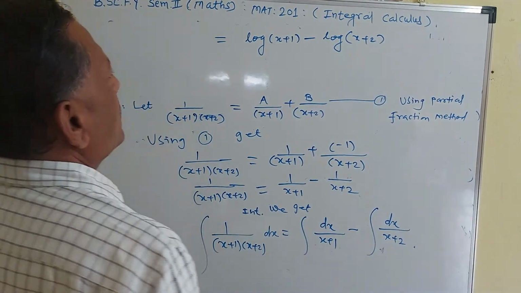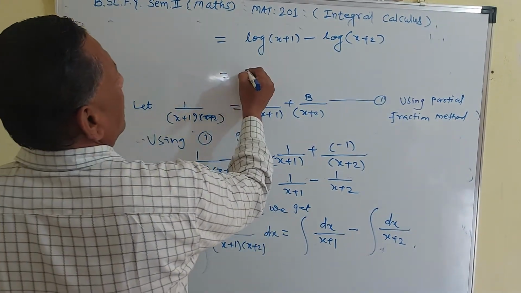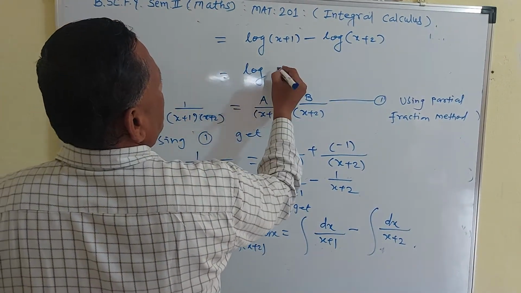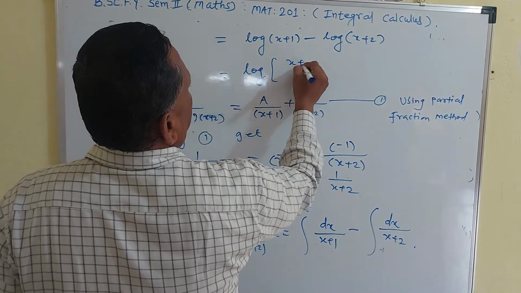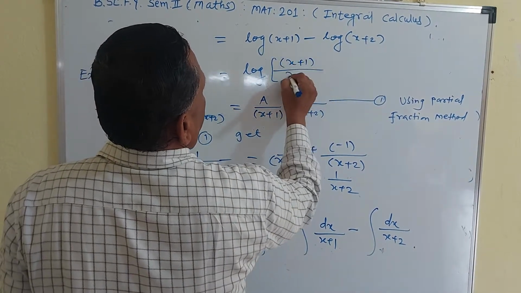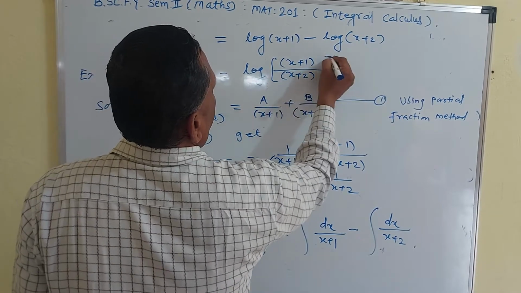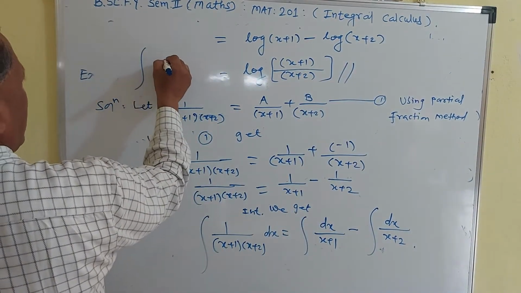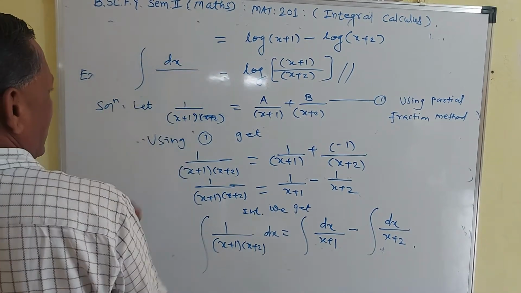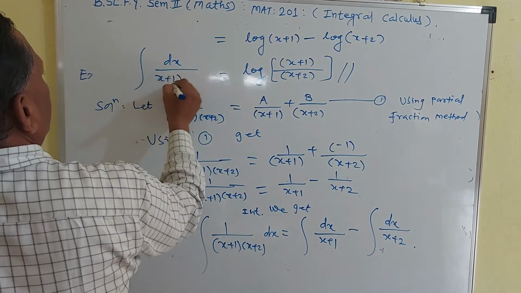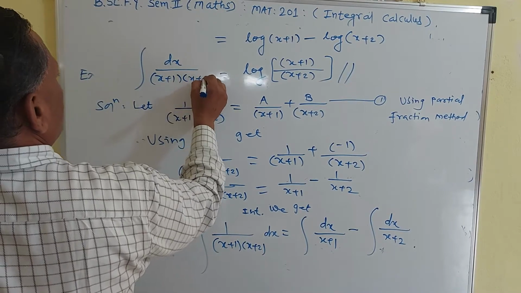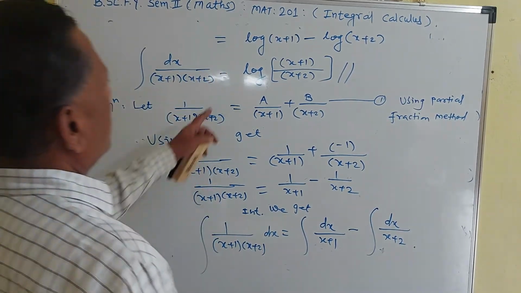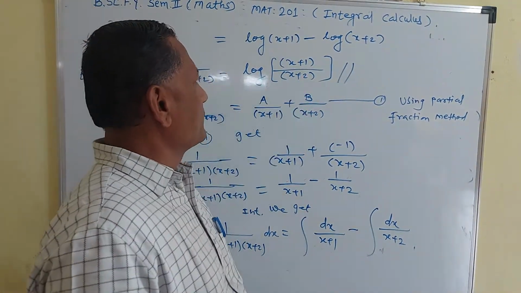So you keep as it is. This is the answer, or you know the properties of logarithm. This can be written as log of x plus 1 upon x plus 2. So left side is dx upon x plus 1 x plus 2, and right side is log of x plus 1 upon x plus 2.